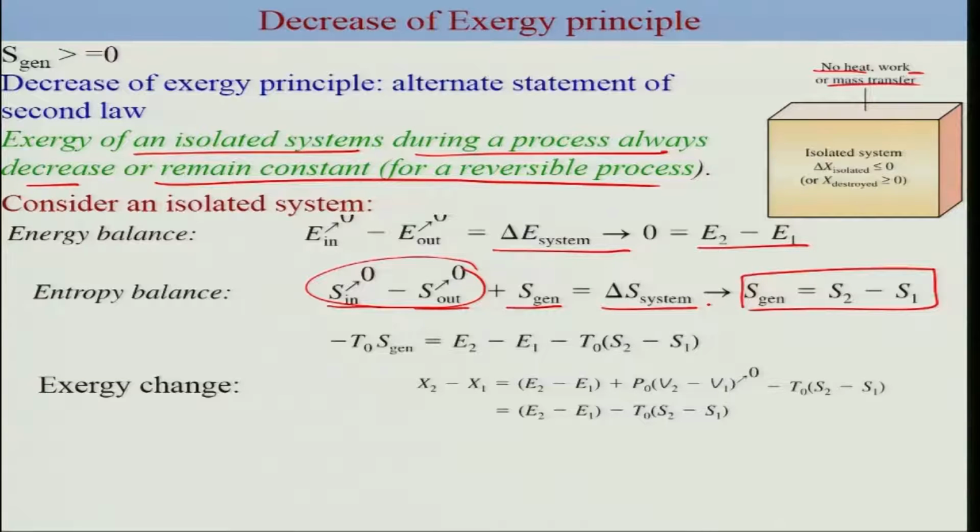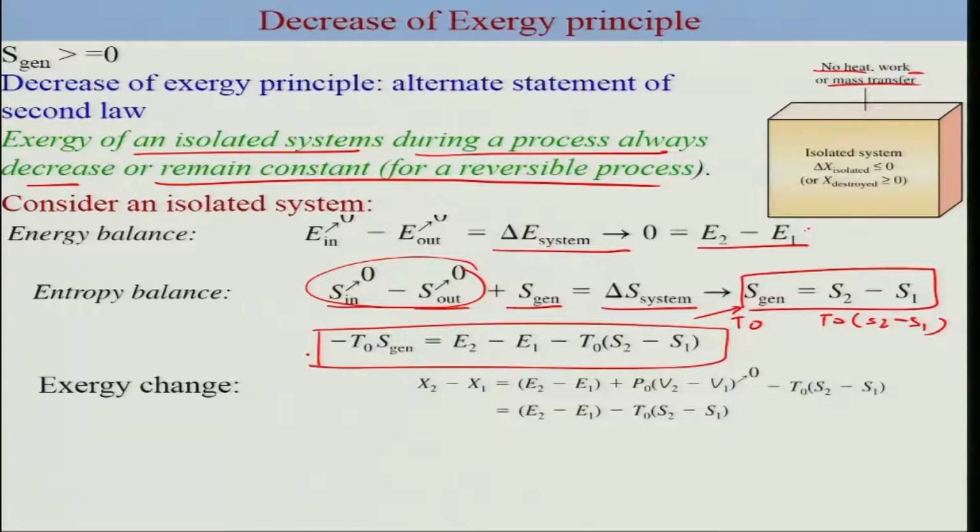Now you can multiply this term by T0, and then you can subtract this from the energy equation, and this will yield this equation. So if this is 1 and this is 2, then 1 minus T0 times 2 is going to give you this.